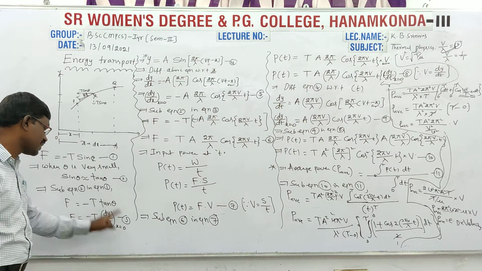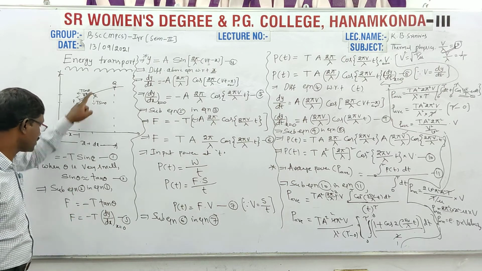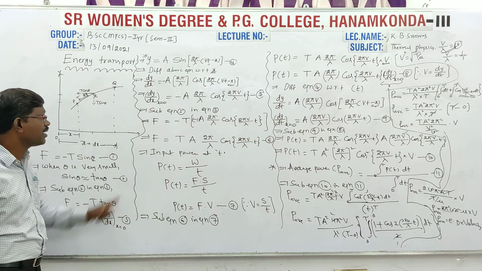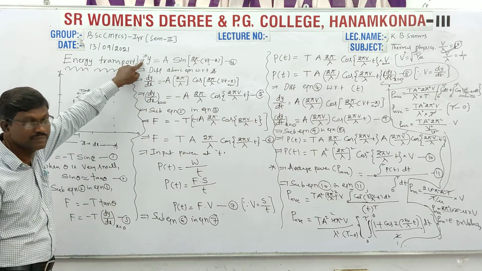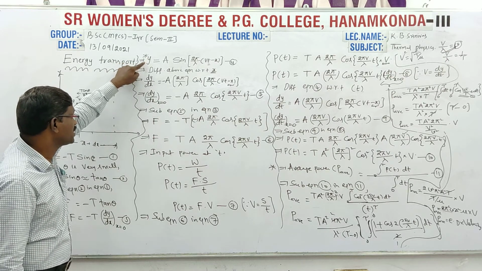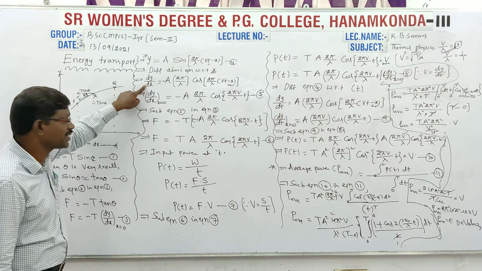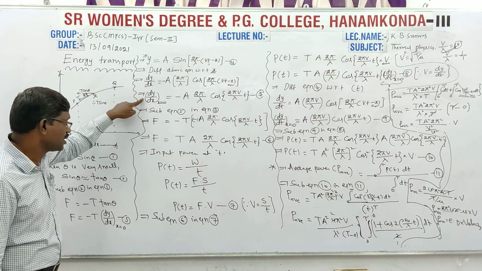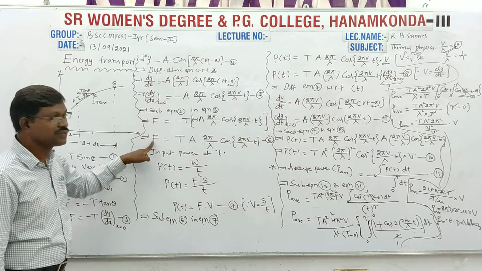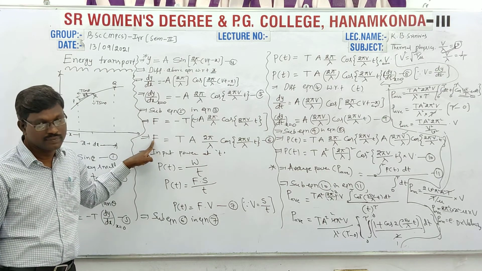This is the net force acting on the wire at point R. So to calculate dy by dx, we have to remember this expression directly. Why? We have to consider this equation. Just after differentiating this equation, we get dy by dx. Put x is equal to 0 and substitute this value in equation 3. You will get the net force acting on the wire.